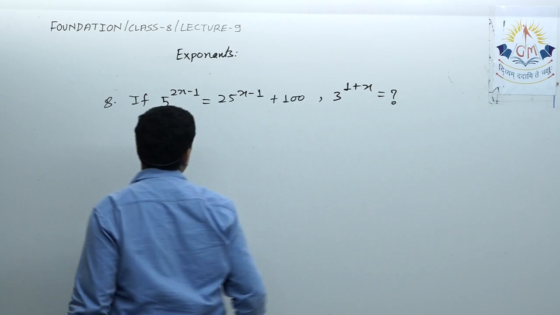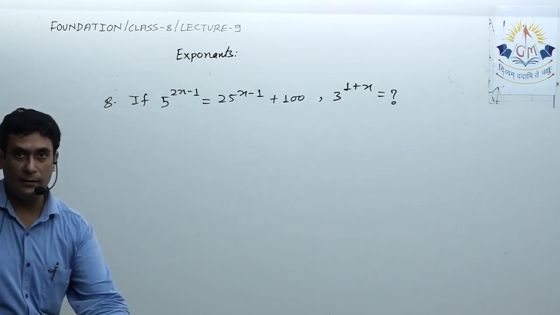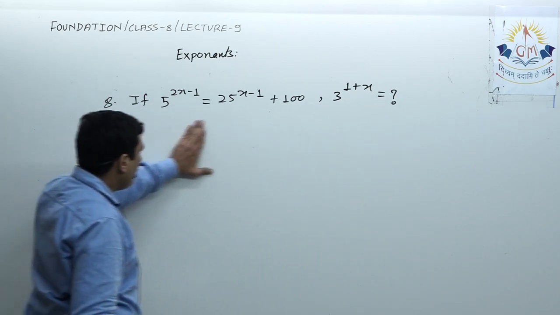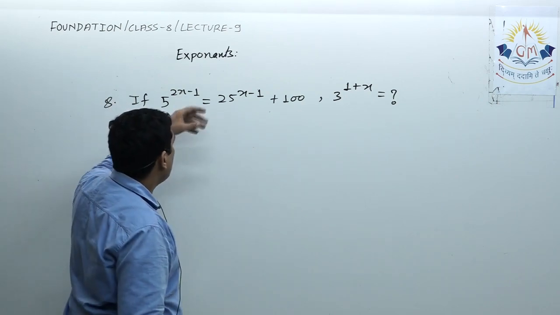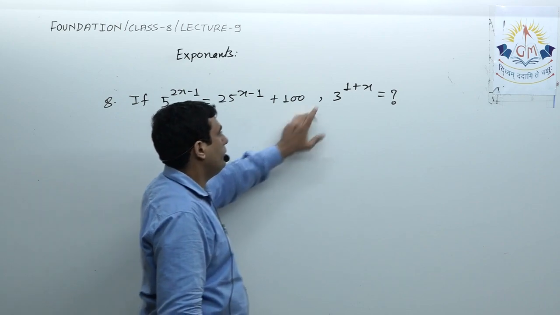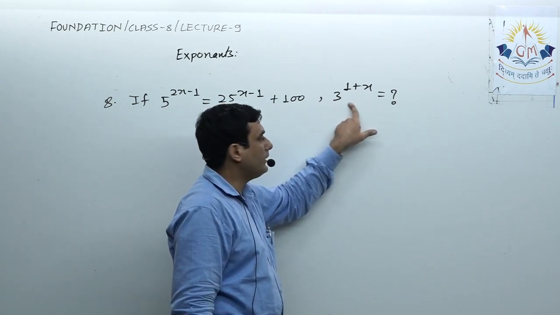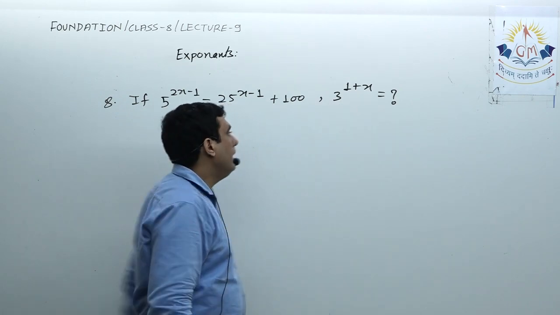Okay, I won't say it is absolutely different, but yes, it is a little bit different. Definitely first we have to find x, but unlike the previous sum, that won't be our final answer. We have to put the value of x over here to get the value of this required expression.